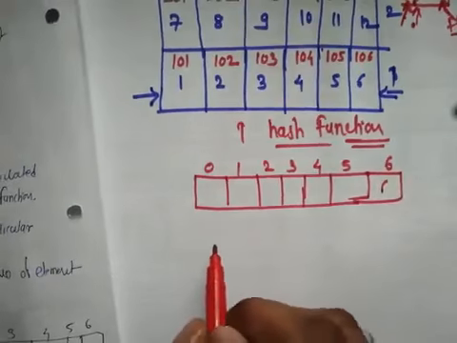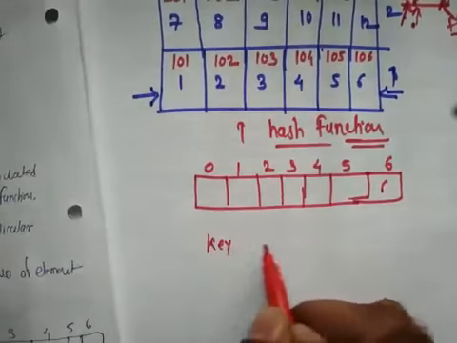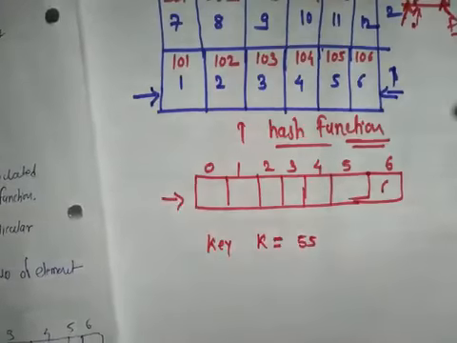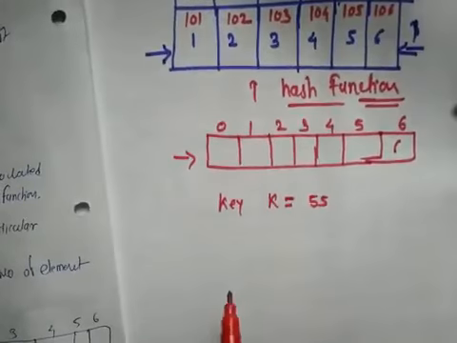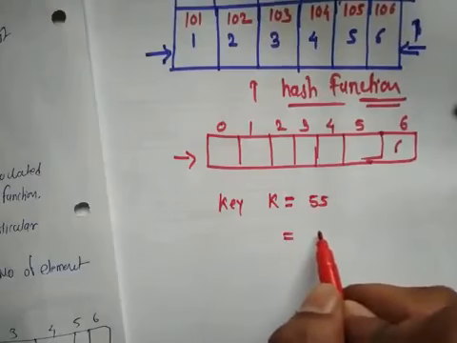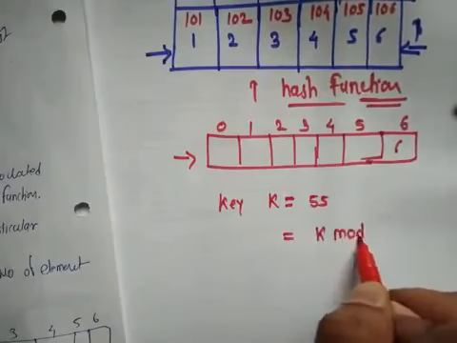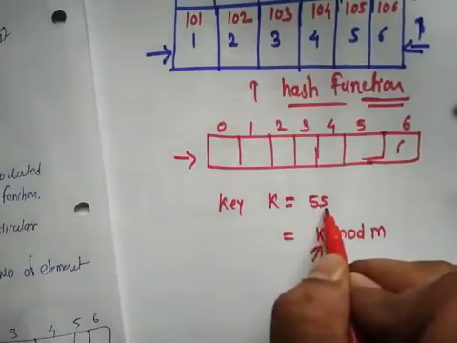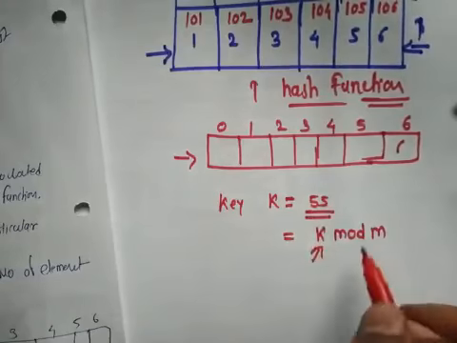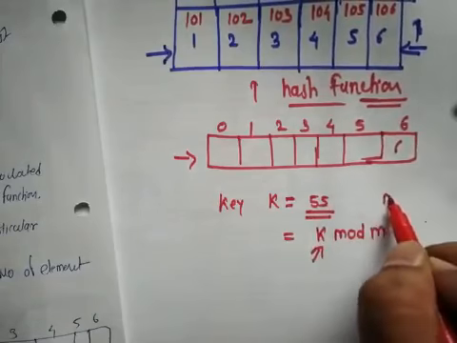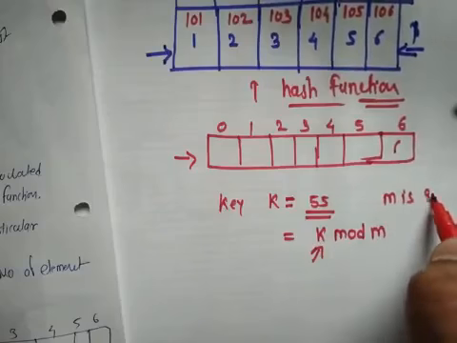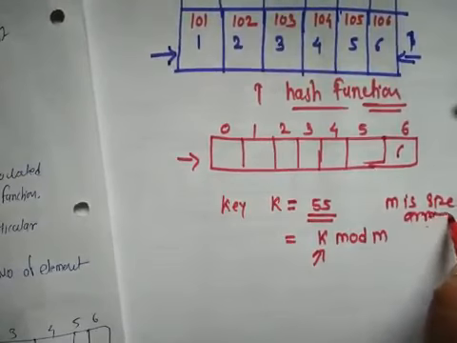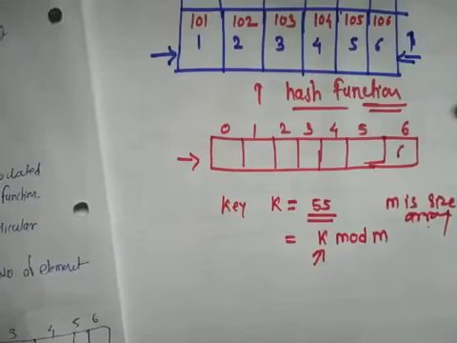If we want to store a key k equal to 55 in this array, we can use a simple hash function like k mod m, where k is the key and m is the size of the array.